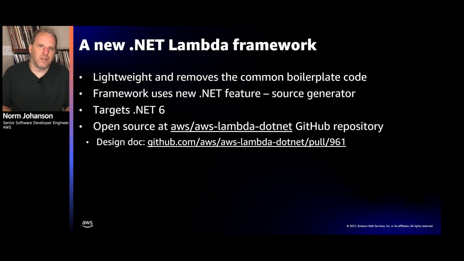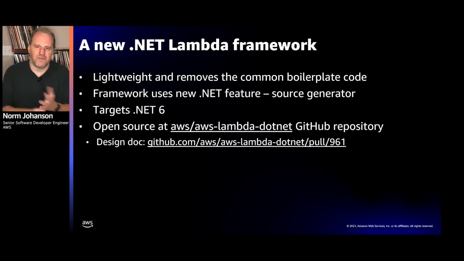The way we're doing that is with a new .NET feature called source generators. With a source generator, we generate all of the necessary boilerplate code for that idiomatic experience to bridge with the original Lambda programming model, all at compile time.